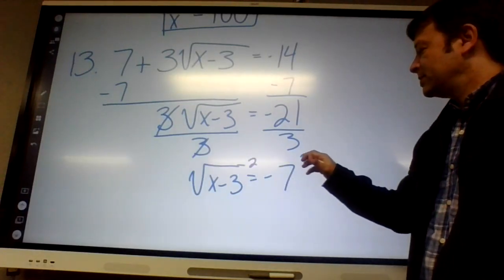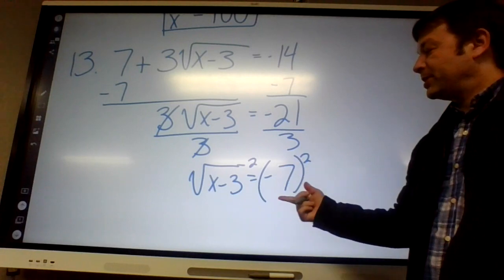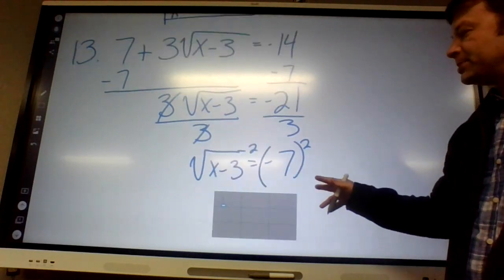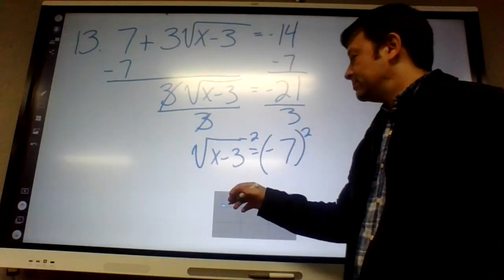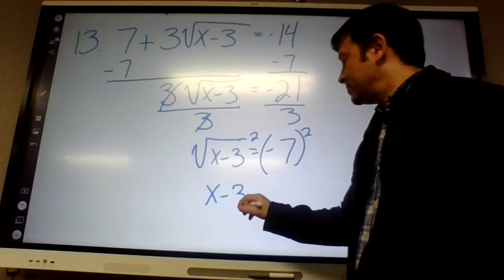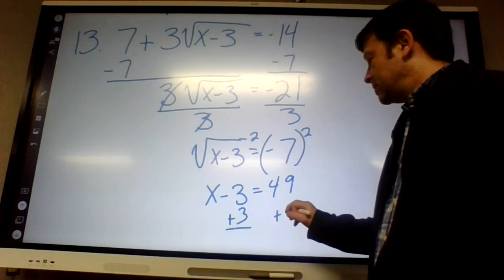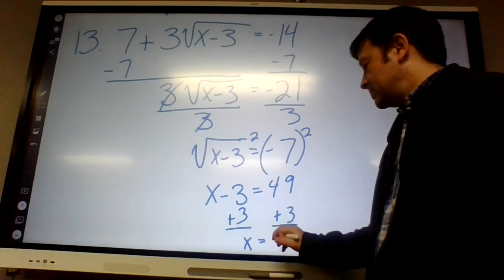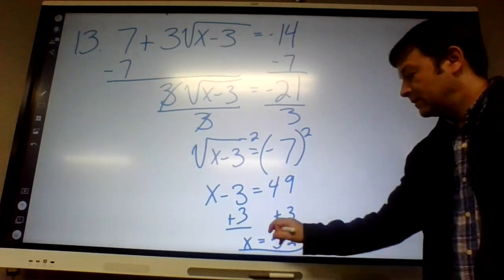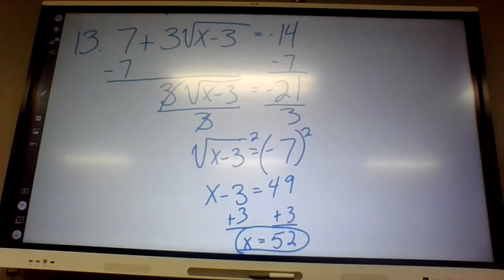Square both sides. So when you square the side, you're really squaring the whole side, so technically it should be in parentheses. This one kind of already automatically works. But x minus 3 equals 49. And then you'd add 3. So x is 52.